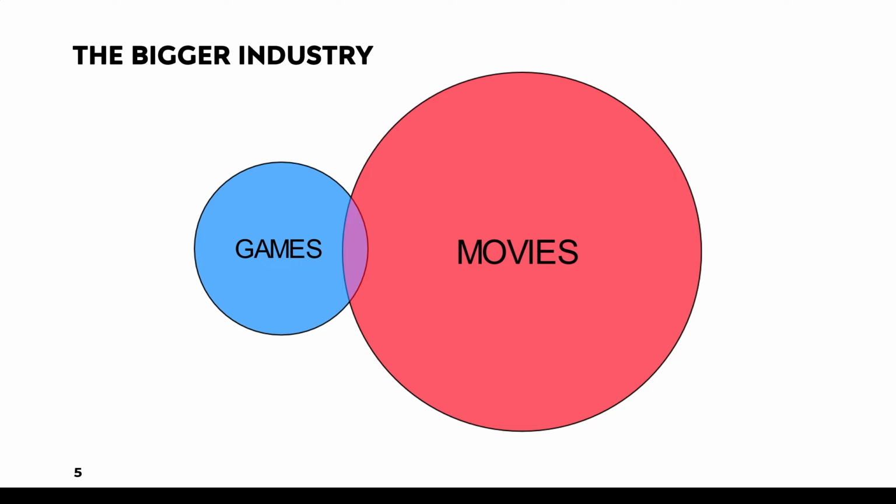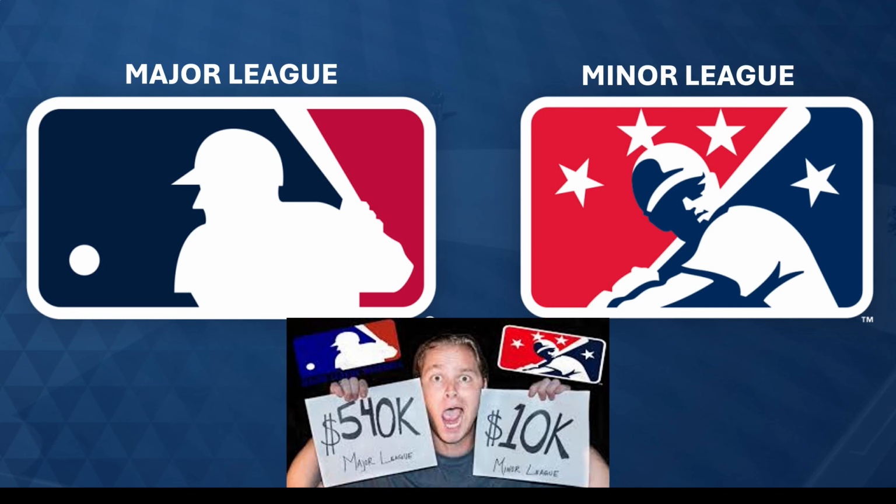So this goes to my second point, which is really important, and it's this concept of major league and minor league. Quite often I don't want to get into a flame war about which is the bigger industry from this perspective, because as far as I'm concerned, there is no major league and minor league, because they're just two different sports completely.